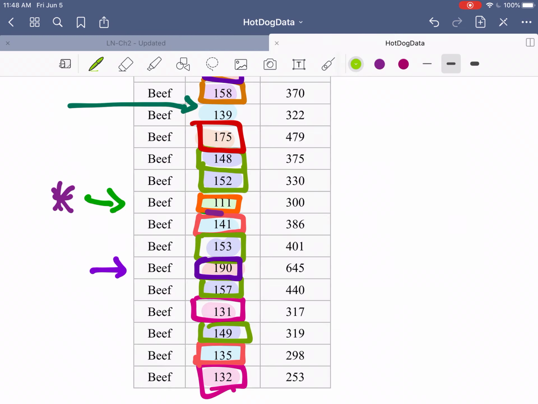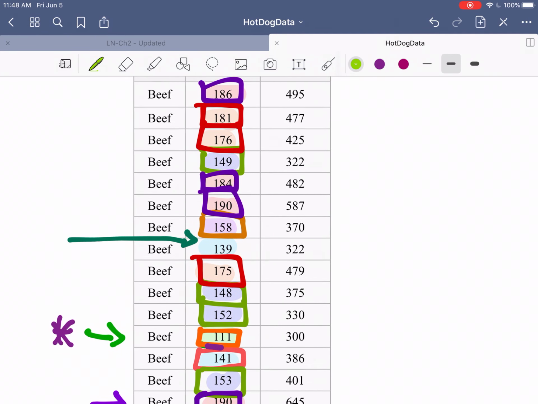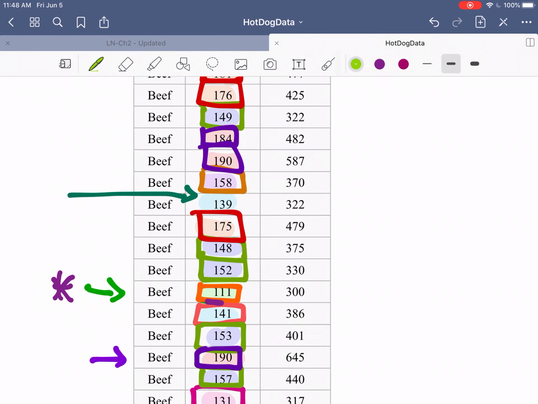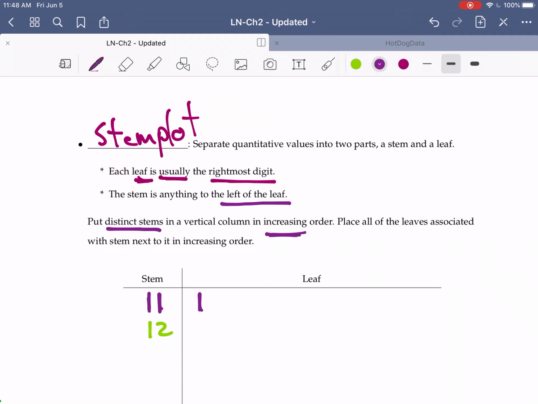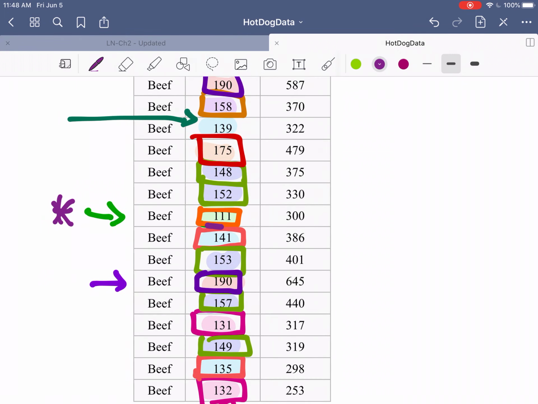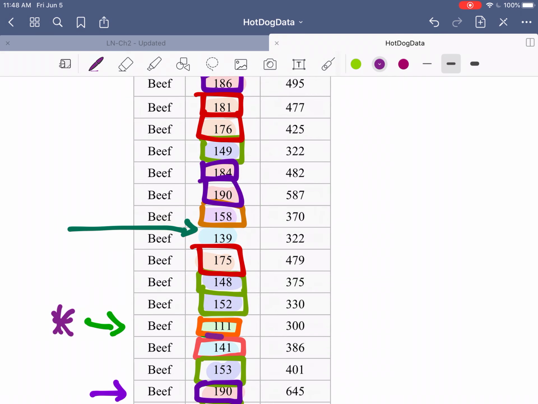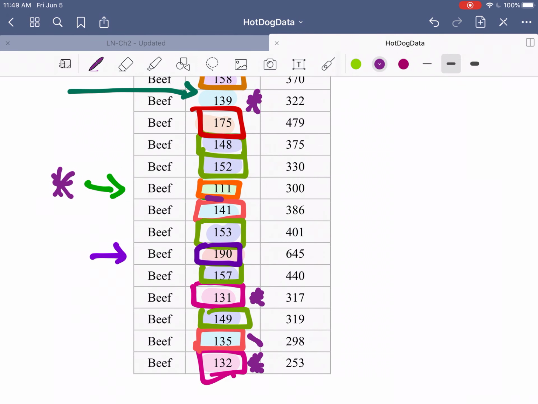Now I jotted down 1,2. If you look through this data set carefully, you will see that there's not any values that are in the 120s. And so there's not going to be any leaves on that stem. Then we have our 130s. We have multiple values in the 130s. So we have a 131 right here. We have a 132. We have a 139. We have a 135.